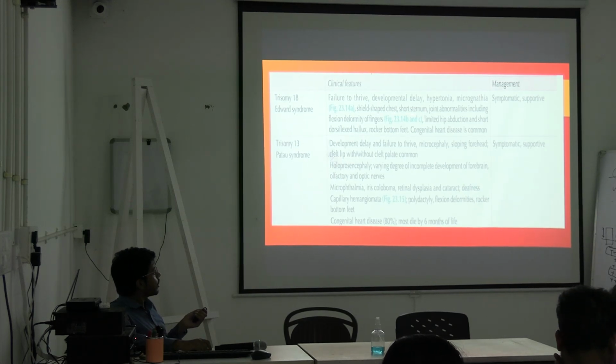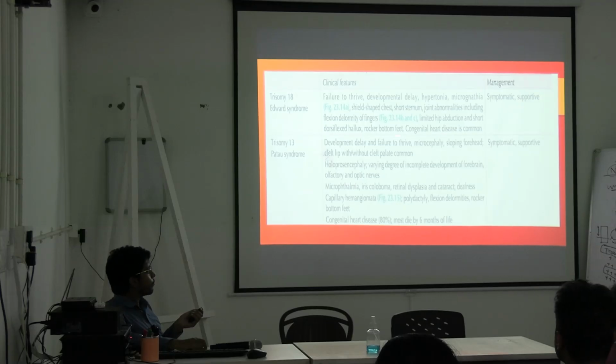Then joint abnormalities, and this is important, rocker bottom feet. And congenital heart disease is common. Symptomatic management. This rocker bottom feet is very important for both MCQ purpose and clinical purpose.